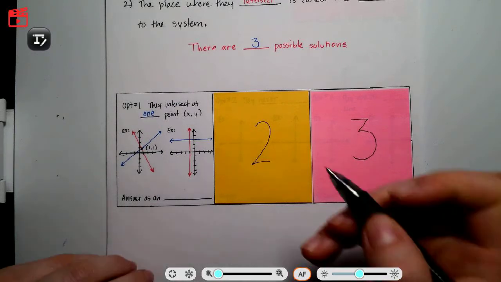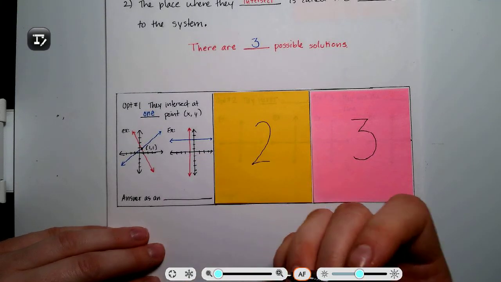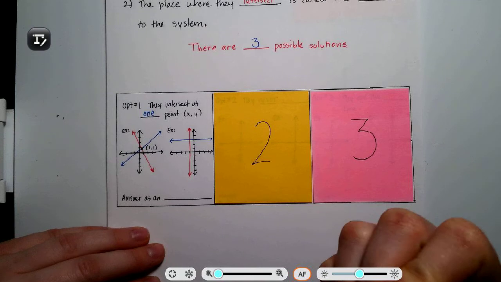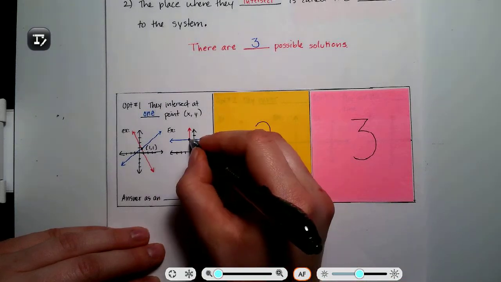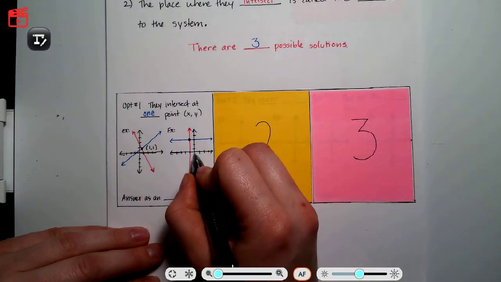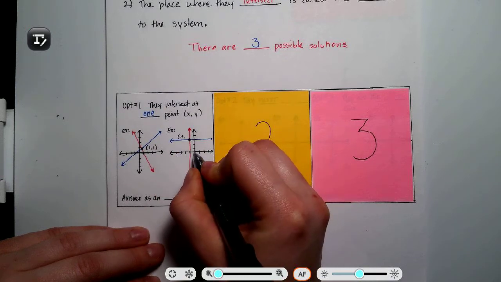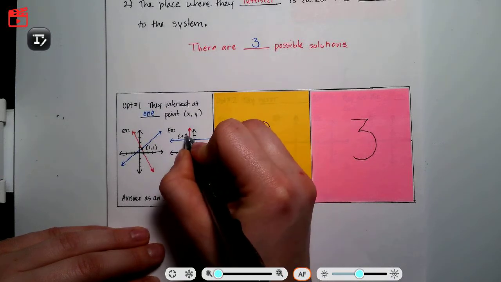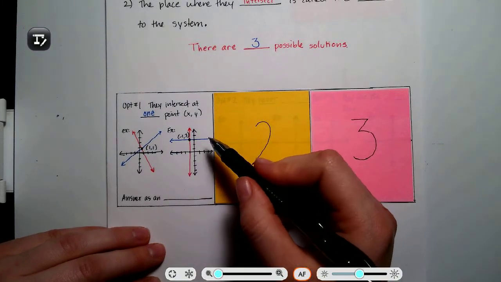All right, so let's take a look. Remember, our solution is where they intersect. The red line intersects the blue line at this point. What is the coordinate point for that point? Well, it's going to be -1, and then up 1, 2, 3. -1, 3 would be the solution for that graph.